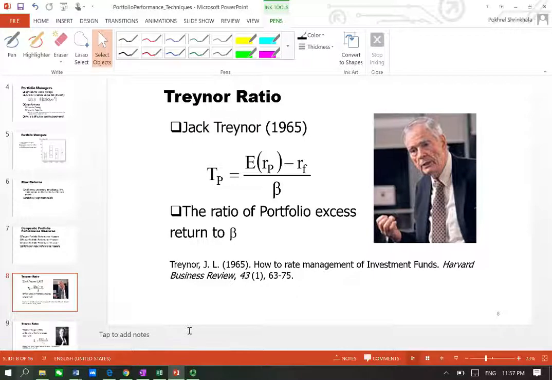So it is built upon capital market theory. So the introduction of the risk-free asset is also here. So you can see minus risk-free. So basically the numerator part is the excess return. Excess because the risk-free rate is taken away. Okay.